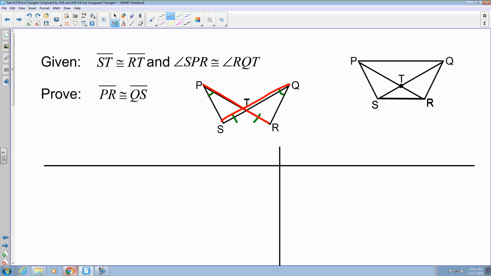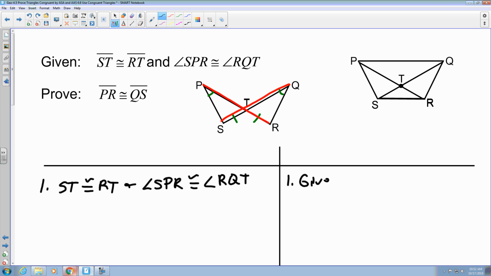So, looking at this, we have a set of congruent sides and a set of congruent angles. So right off the bat, we can go and write in the given. So ST is congruent to RT, and angle SPR is congruent to angle RQT. That is given.